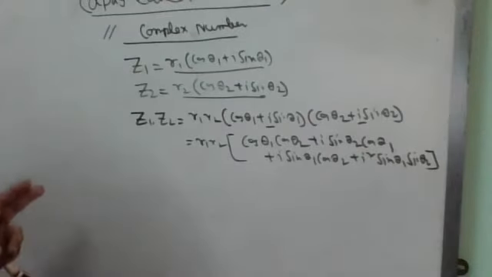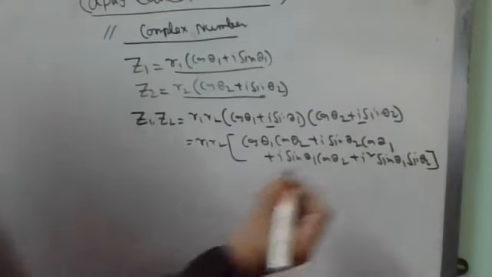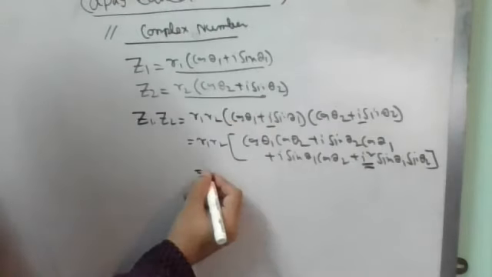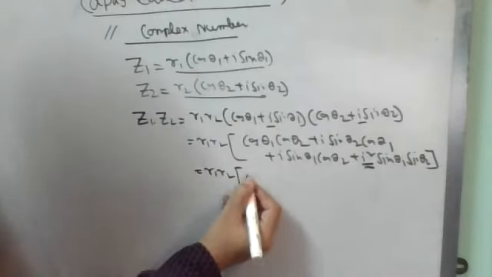So it is a straight multiplication. Now, in place of i², you put -1.